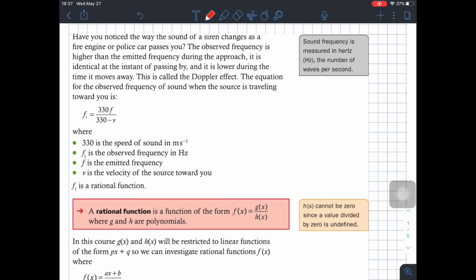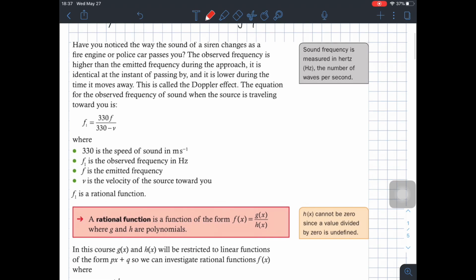So the equation for the observed frequency of sound when the source is traveling towards you is given by this expression. So this is the frequency or the new frequency, and this is how we calculate that frequency, right? And you see that this is a reciprocal or rational function because we're changing the value of v, which is the velocity of the source, right?